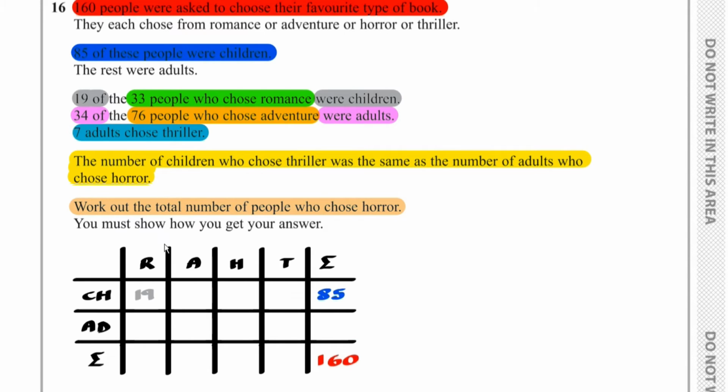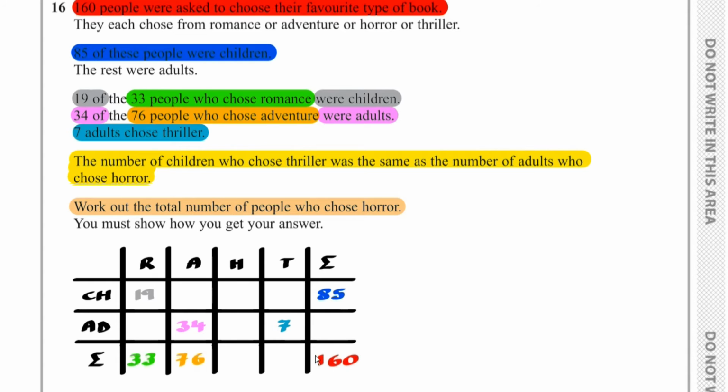Then we have 19 children out of 33 who chose romance. We have 34 adults out of 76 who chose adventure. 7 adults chose thriller. And with this we have to work out the number of people altogether who chose horror.